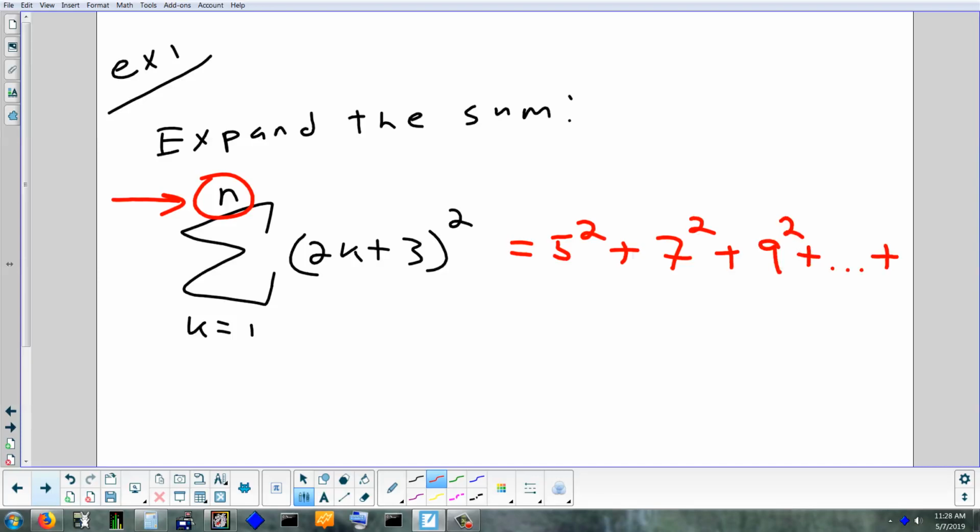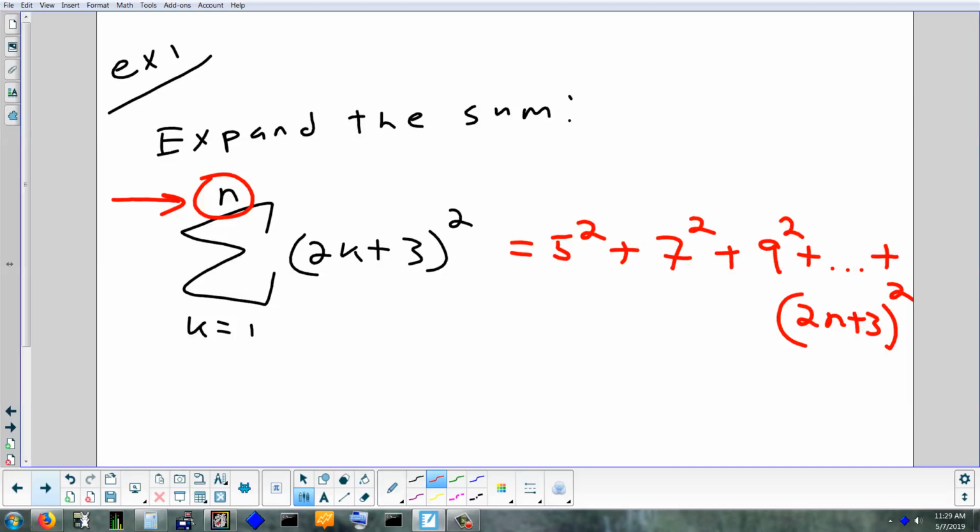Okay, I can see the pattern. What's the last number I would plug in for k? The highest one. N. So the last term is (2n+3) squared. So when you have to expand something that goes to n, just do it like that. Show me the first 3 or 4. The 3 is okay.